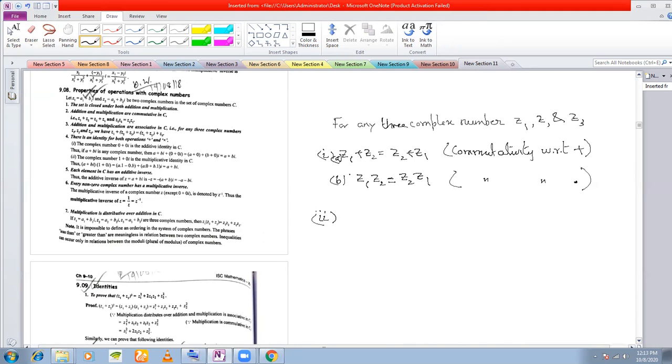And the next one is associativity. Z1 plus Z2 plus Z3 is always equal to Z1 plus Z2 plus Z3, with the grouping changed. This is called associativity with respect to addition.